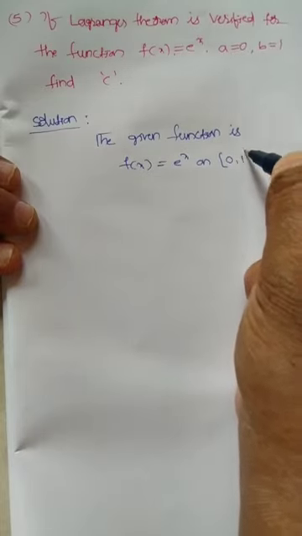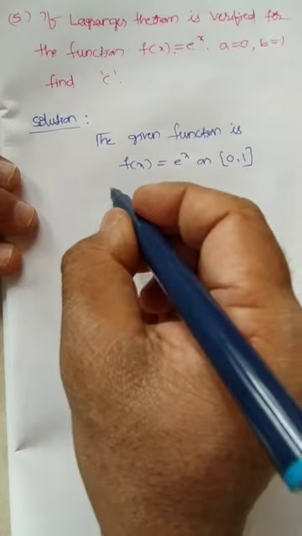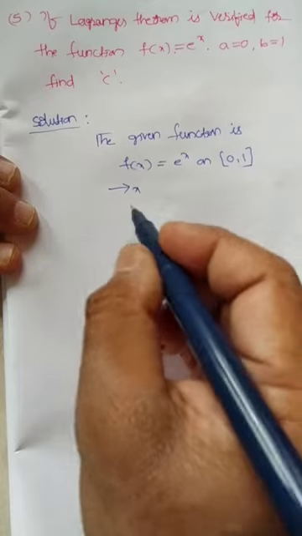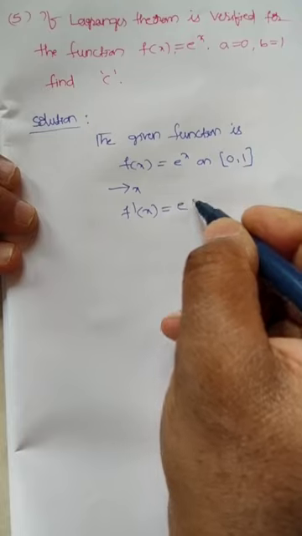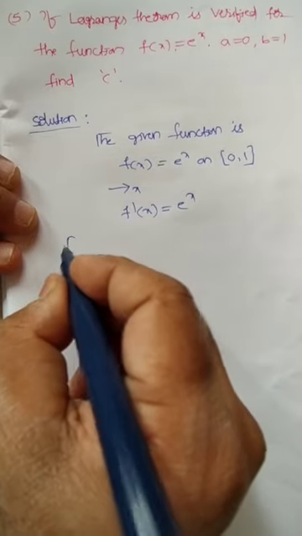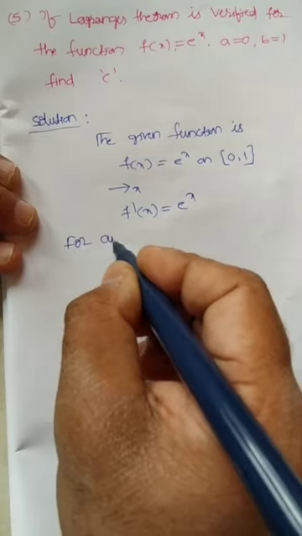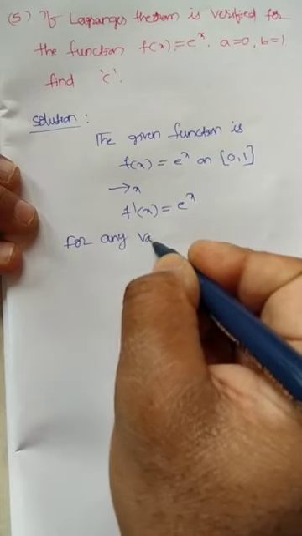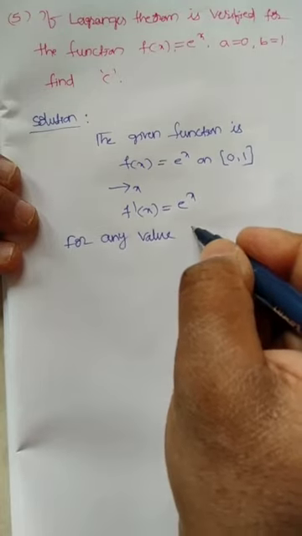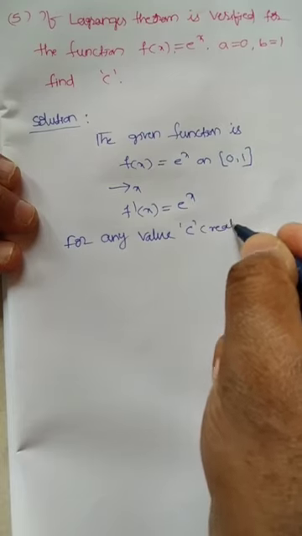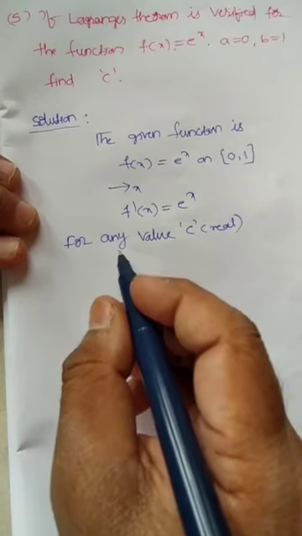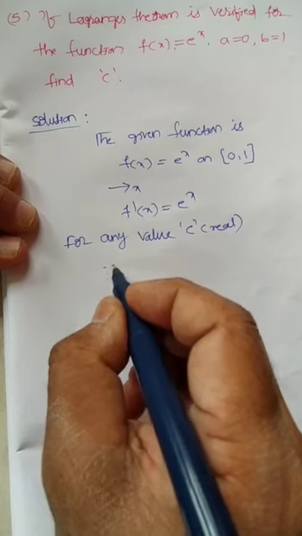Okay, now I am differentiating this function with respect to x on both sides. So f dash of x is equal to e power x, I got. For any real value c, for our function we have f dash of c is what now?